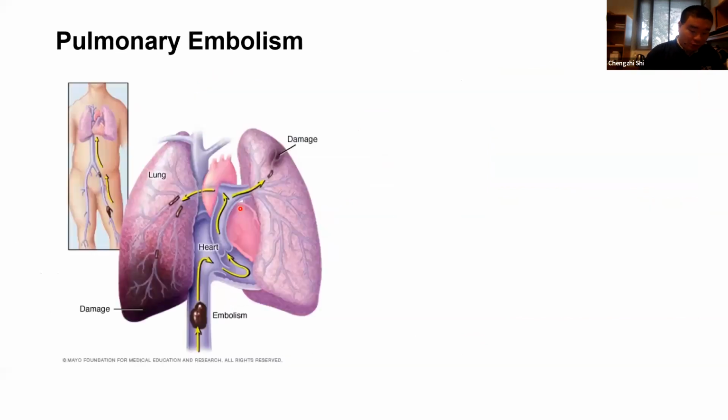The other disease we are trying to focus on is called pulmonary embolism, which is also life-threatening. And currently, the treatment of this disease is also limited because of the size of the clot you can see here. So what's pulmonary embolism? What happens is you usually will have blood clot formation in those deep veins, especially in the leg.